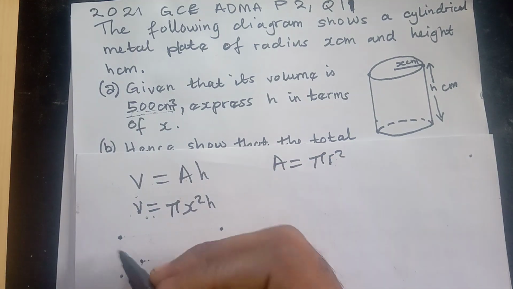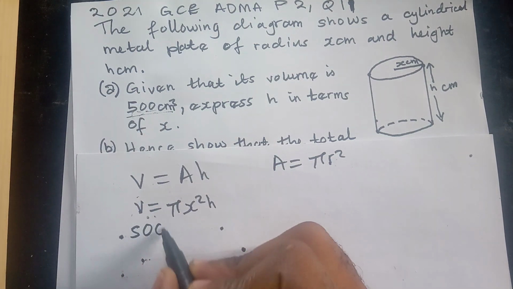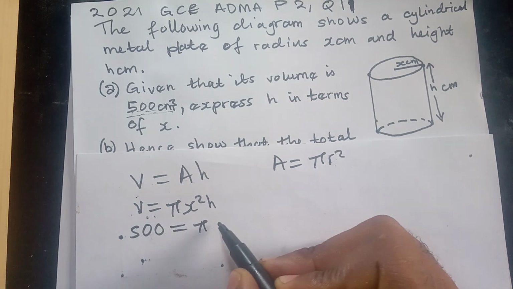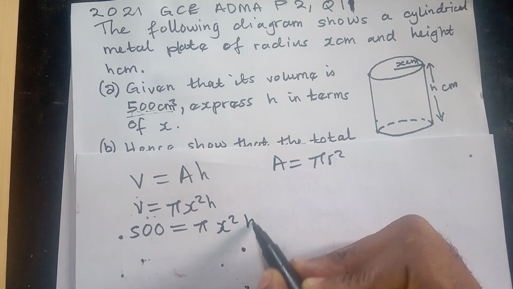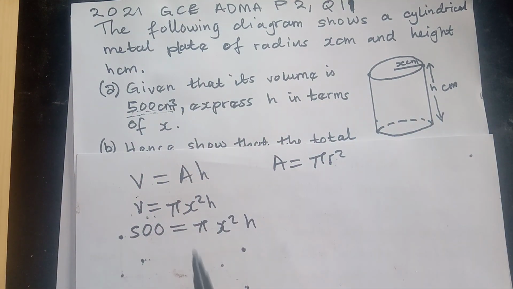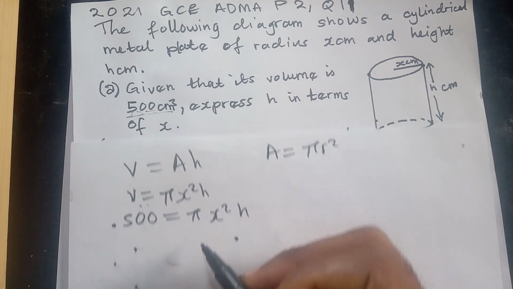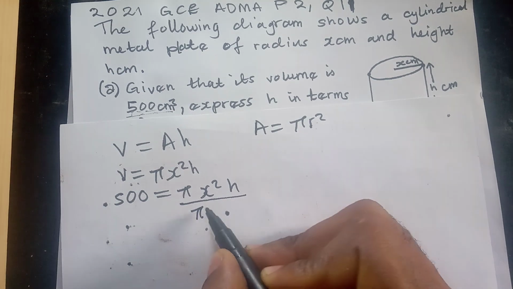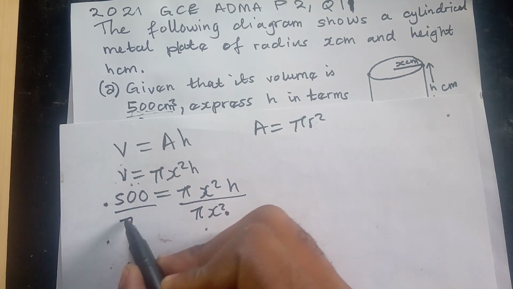This has been provided, so you can say 500 is equal to pi x squared h. Has pi been given? No, so we can just leave it as pi. Now we simply make h the subject of the formula and we are done.